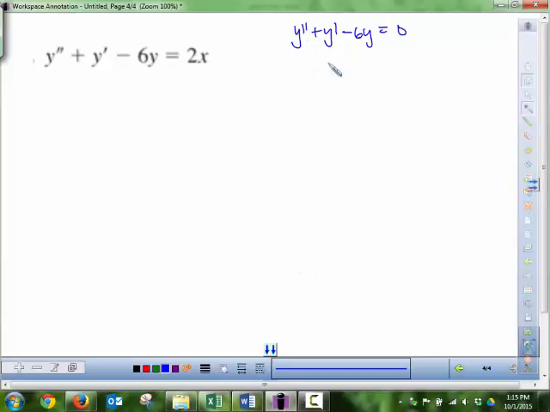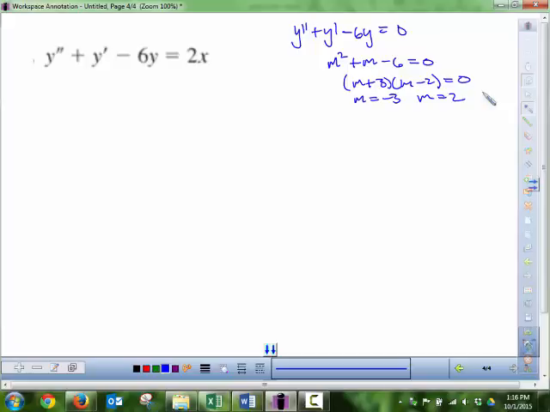So our characteristic equation is m squared plus m minus 6. And then we factor, 3 and 2, right? So m plus 3, m minus 2. So we got a couple of solutions, positive 2 and negative 3. If that's wrong, say it now, because I'm moving on.